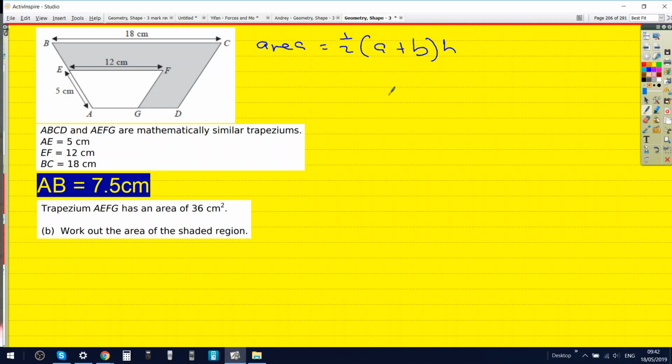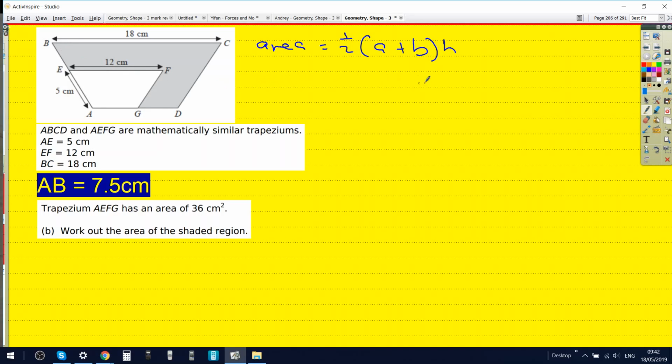So will the b be 6 centimeters? Will what be 6 centimeters? Sorry, will A to G be 6 centimeters? Let's see. So A to B is 7.5.